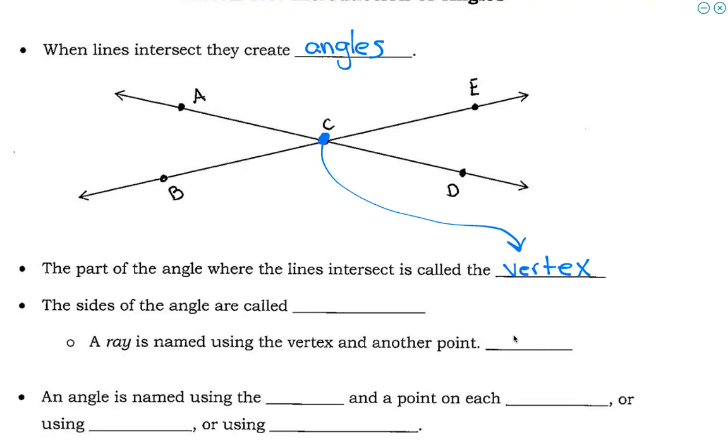And if that angle was all by itself, then it would still be a vertex.